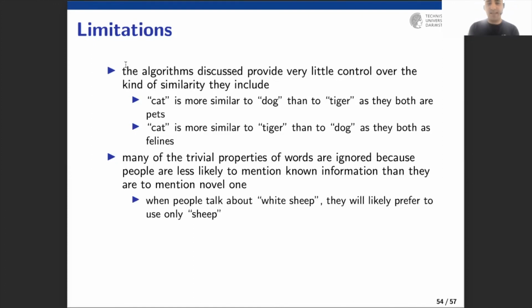Let's look at an example, it's easier to understand that way. For example, when people talk about white sheep, they will likely prefer to use only "sheep". Why? Because when they talk about sheep, authors assume that readers know that most sheep in the world are white.